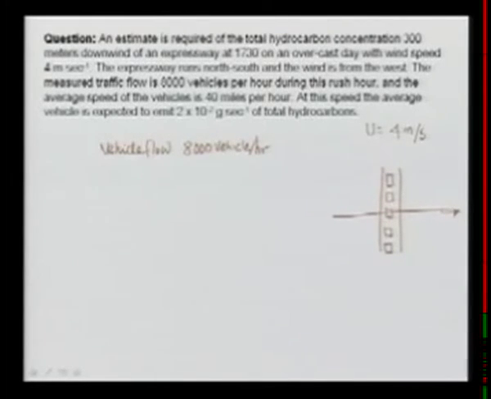Vehicle speed is 40 miles per hour, and it is also given that at this speed the average vehicle is expected to emit so many grams per second of the total hydrocarbons. That is, each vehicle will emit so much.